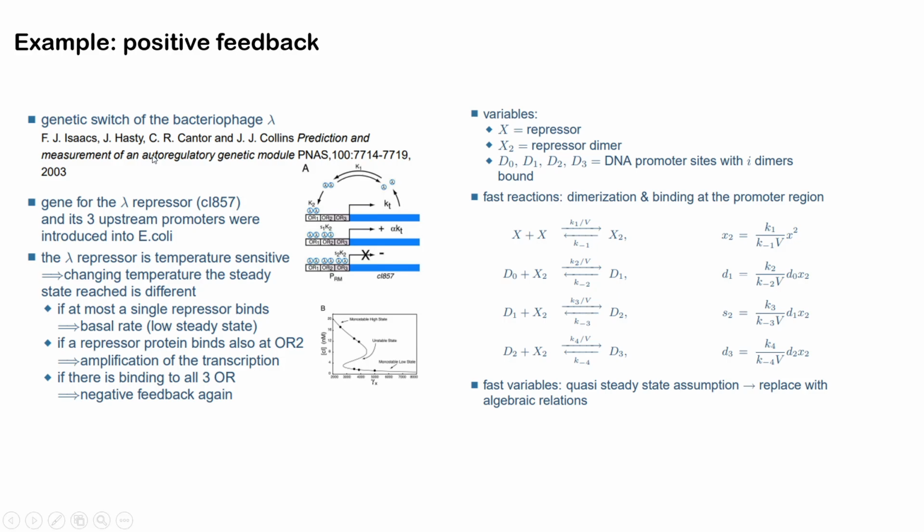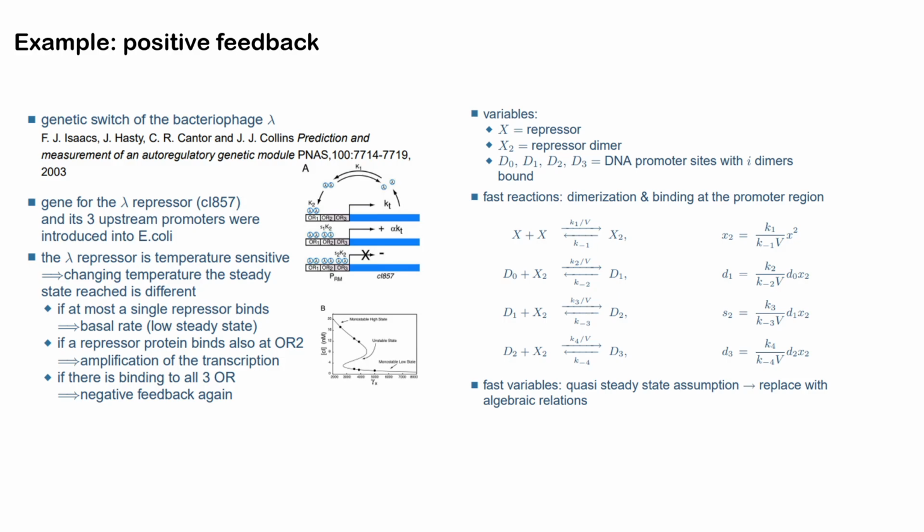So the gene for the lambda repressor, this is the cI857, and its three upstream promoters, these are the three upstream promoters here, were introduced in E. coli, and the lambda repressor is temperature sensitive. So changing the temperature will change the time at which the steady state is reached.